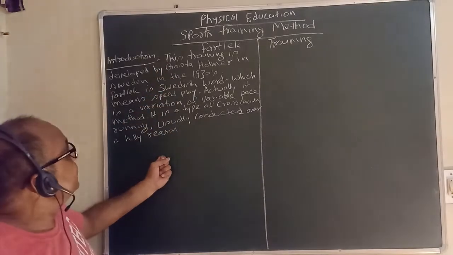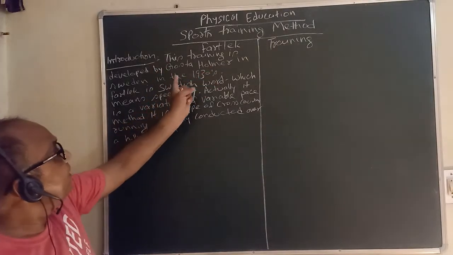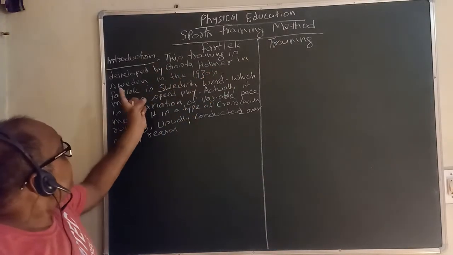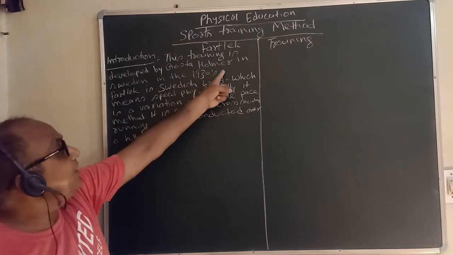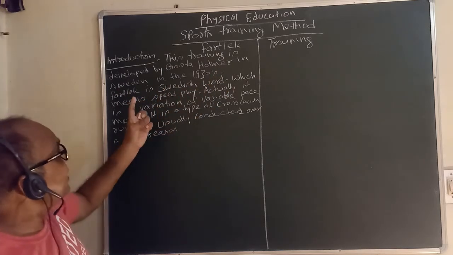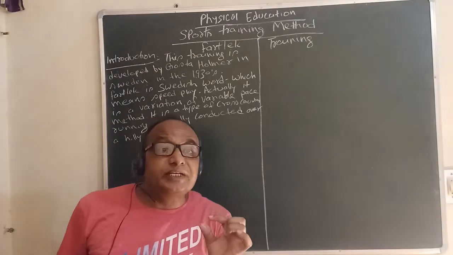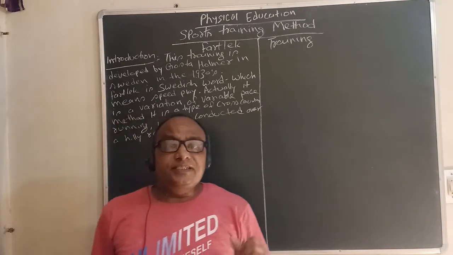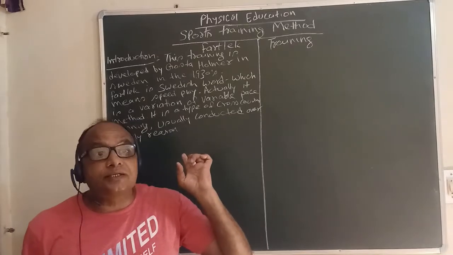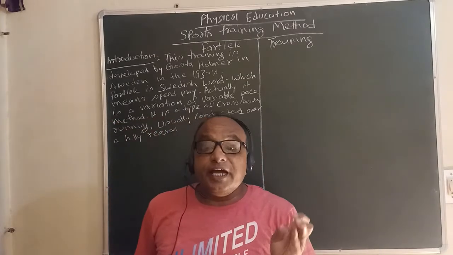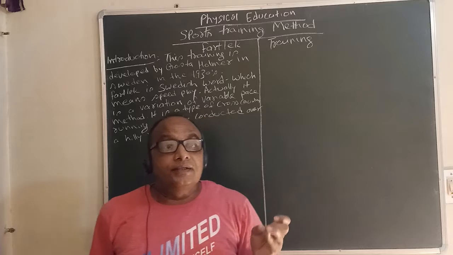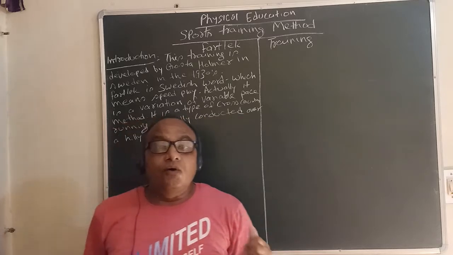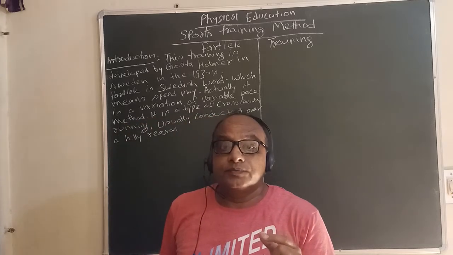This training is developed by Gösta Holmer in Sweden in the 1930s. And fartlek is a Swedish word which means speed play. It is a variation of variable pace methods, and it is a type of cross-country running usually conducted over a hilly region.